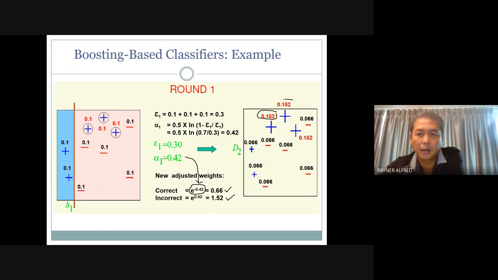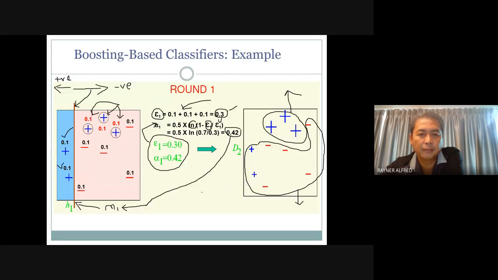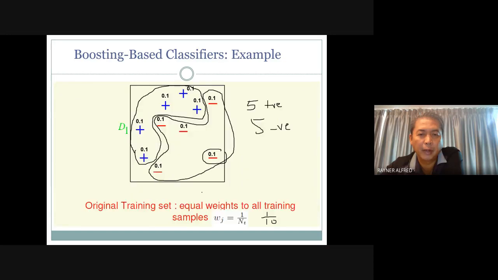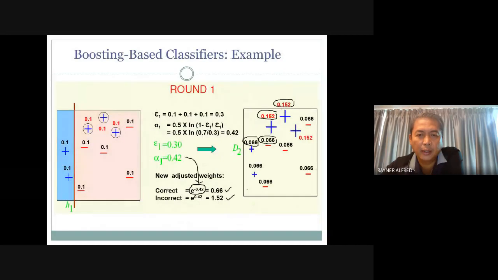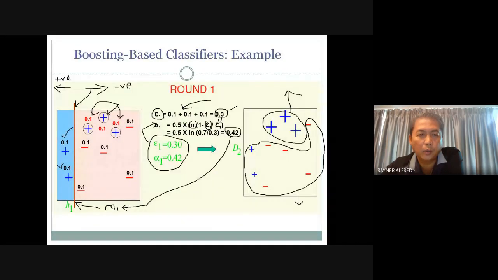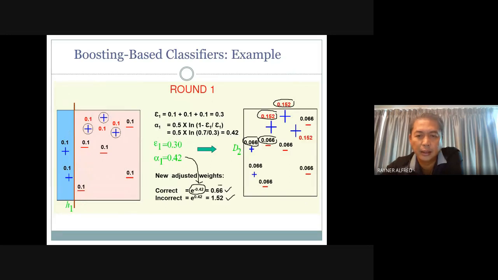Okay, meaning we have this one. If we go back to the formula here, we take all the ones multiplied with this.